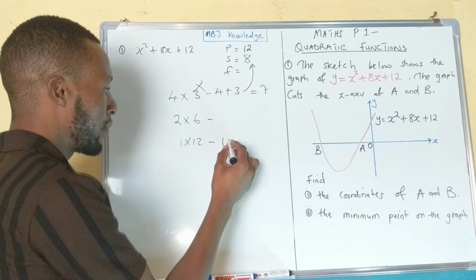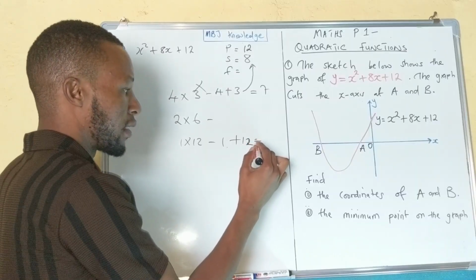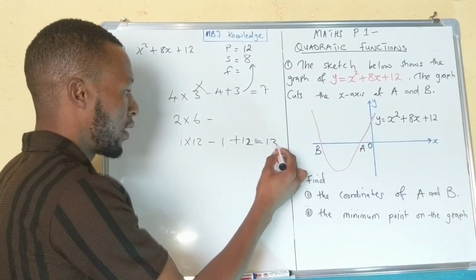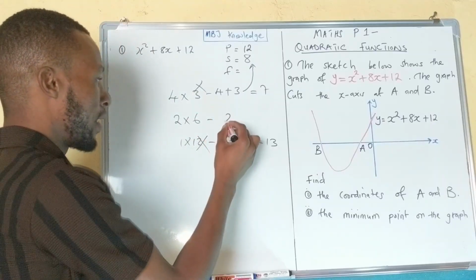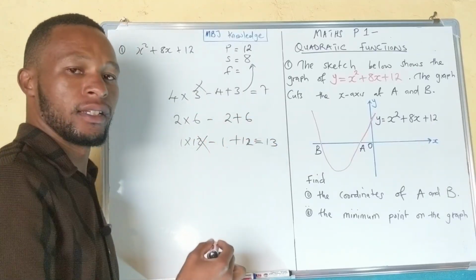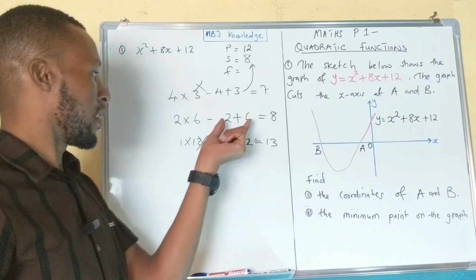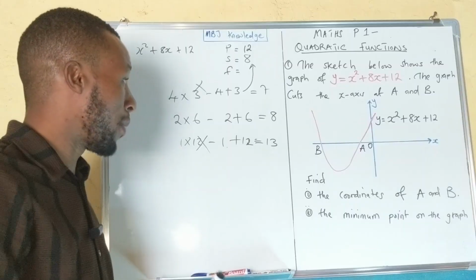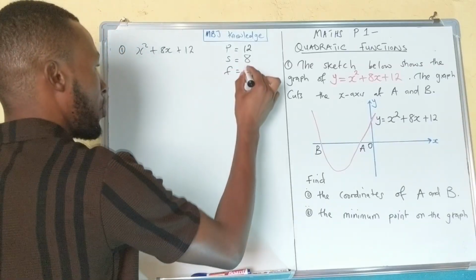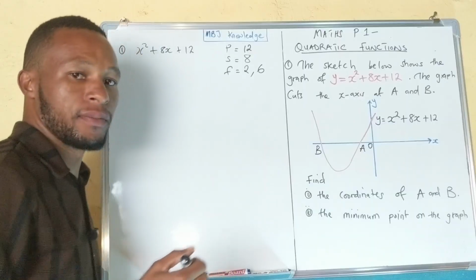Here, if I add 1 plus 12, is it giving me 8? No, it's giving me 13. So these are also not correct. Let's try this. If I add 2 plus 6, you see that they're giving us 8. So these are the factors. So that's the way we go about it. So factors in this case will be positive 2, comma, positive 6.